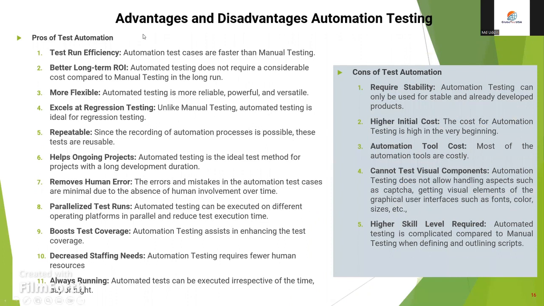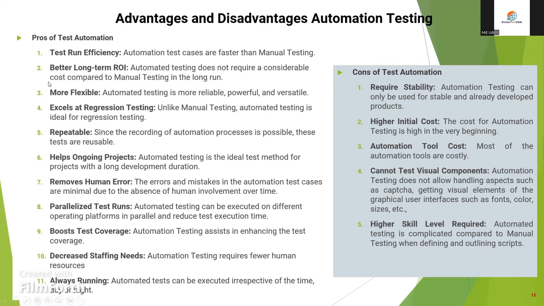And what about automation testing? The advantage of automation testing is that tests run efficiently, meaning test cases can run faster than manual. And better long-term ROI, return on investment, because once you create the script, you can use it for a long time without many manual resources.